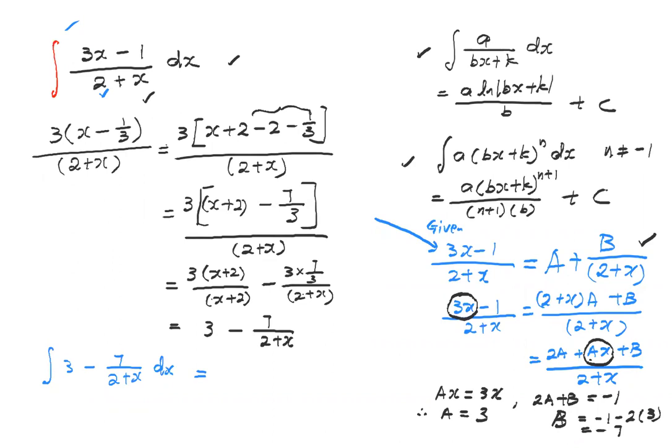So this one ends up being 3x minus 7 ln modulus of 2 plus x, divided by 1, plus c. Why I always divide even by 1, I put it down at the beginning: the reason is that I want to remind myself that I have to divide by the coefficient of x.